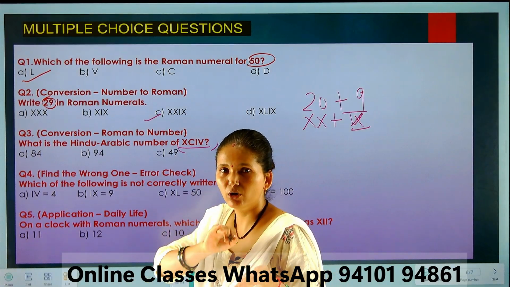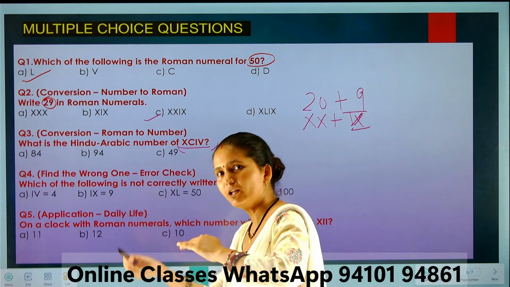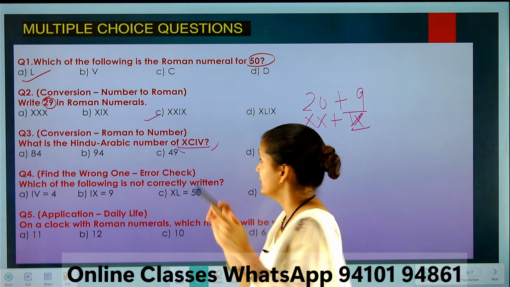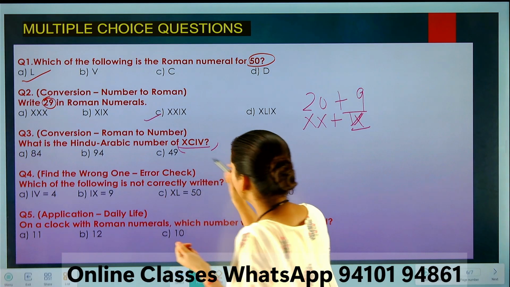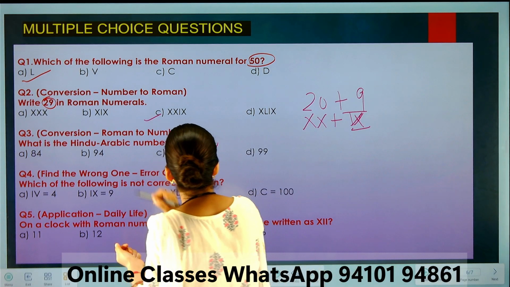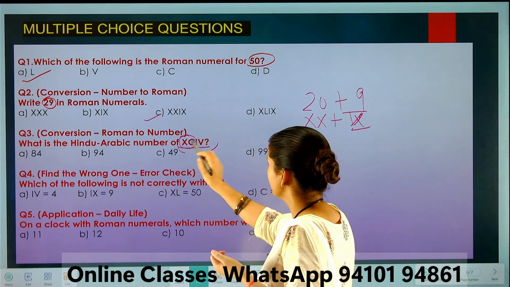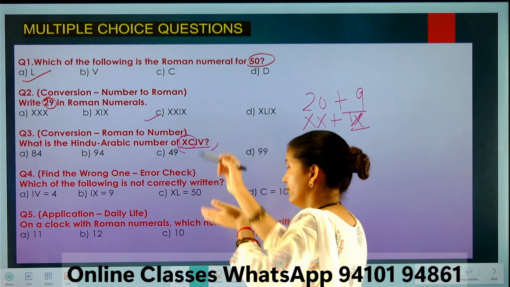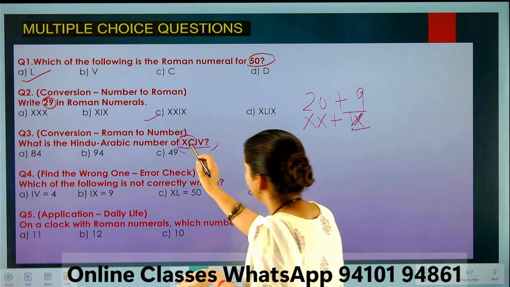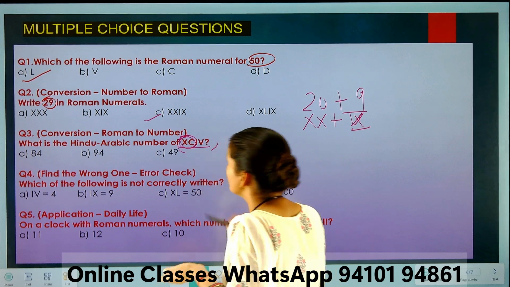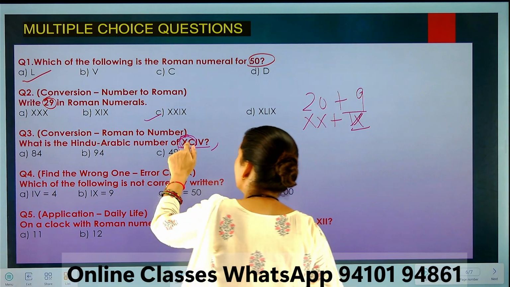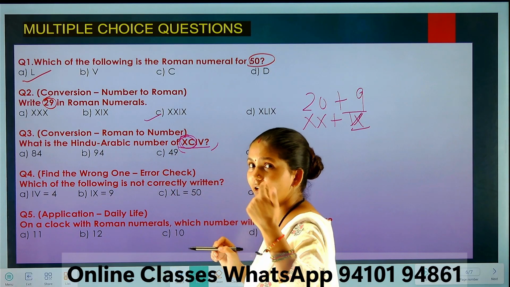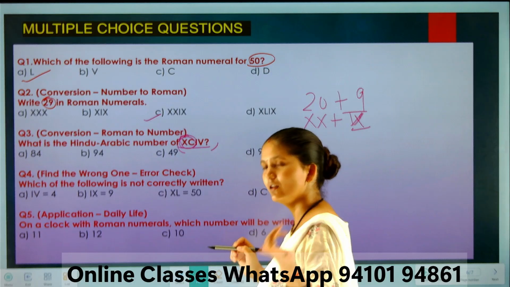Opposite: smaller value before, bigger value after. Means there is the subtraction rule in these two Roman numerals. So C is 100, X is 10 here. So 100 minus 10, 90.